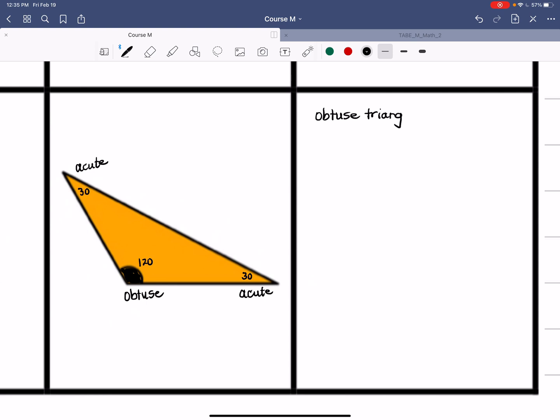You see how important vocabulary is. Obtuse triangle. It has one obtuse angle, and two acute angles.